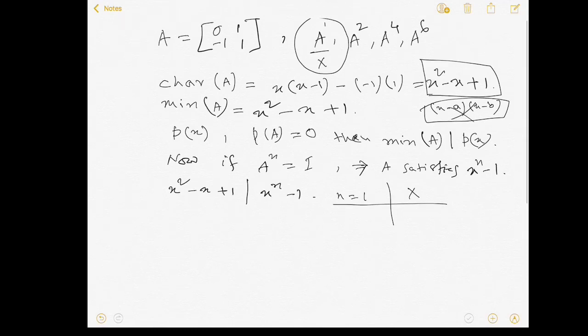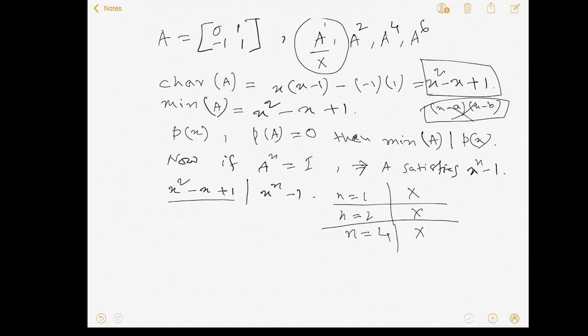Now n equal to 2 case. In this case x to the power n minus 1 is x square minus 1, and clearly this polynomial does not divide x square minus 1, so this is also not a possibility. n equal to 3, n equal to 4. Then it is x to the 4 minus 1, which is x square minus 1 times x square plus 1, and clearly again this does not divide.